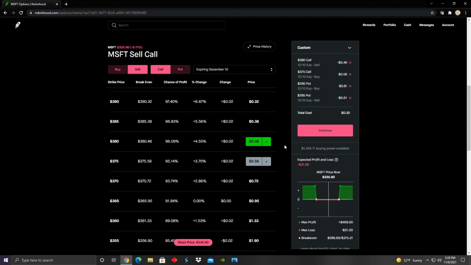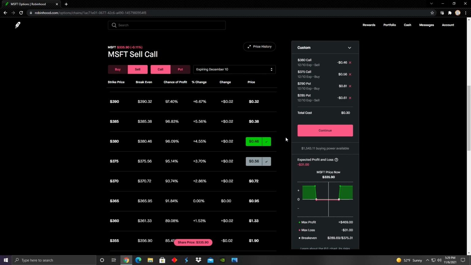And so before expiration date, if the share price of Microsoft is above the strike price of our short call or our short put, some people might think, why shouldn't I have the max profit at this point, right? But the reason why that isn't the case is because of the extrinsic value that's still left in the premiums of the options contracts.